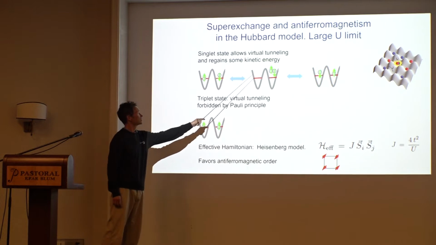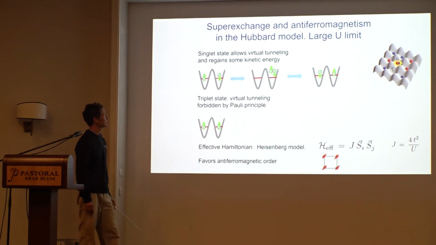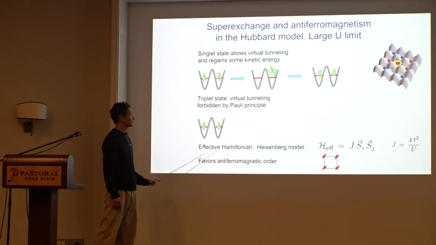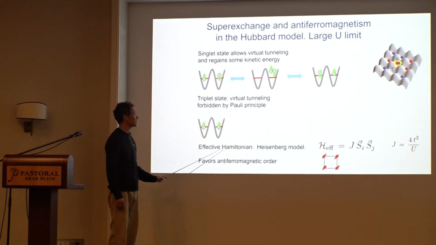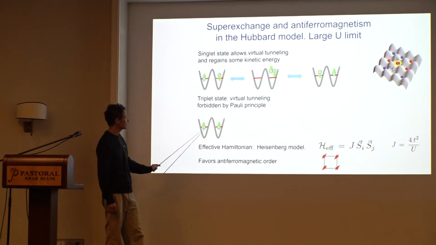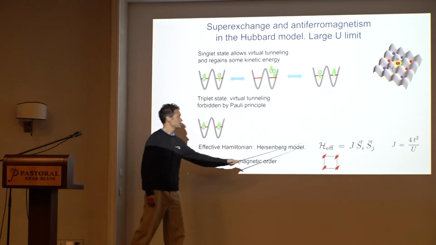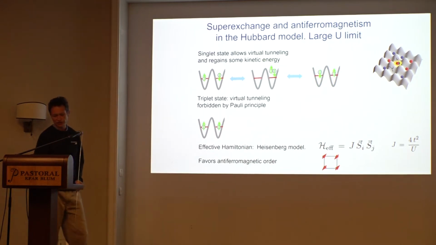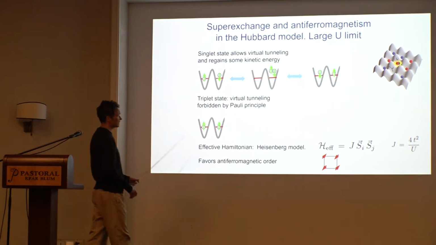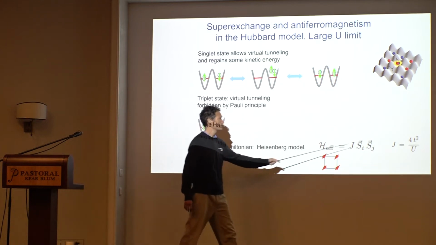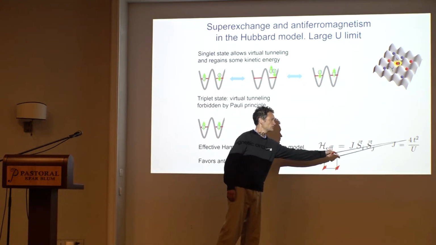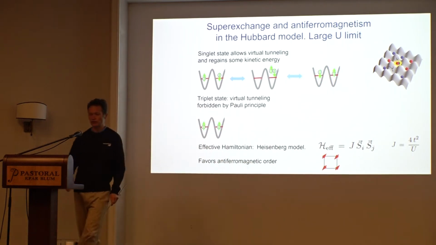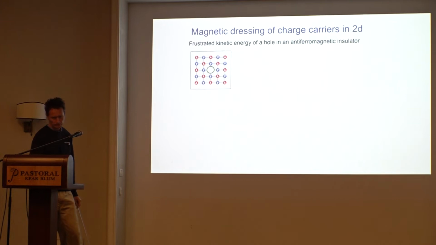However, they can still create a virtual doubly occupied state, but this is only possible when spins are anti-aligned. And that's why very often the effective non-local interaction in this model is represented using this Heisenberg anti-ferromagnetic exchange. What is important to us is that this is perturbation theory, so it goes as the square of the tunneling between the sites divided by the energy of the intermediate state, which is the repulsion U.